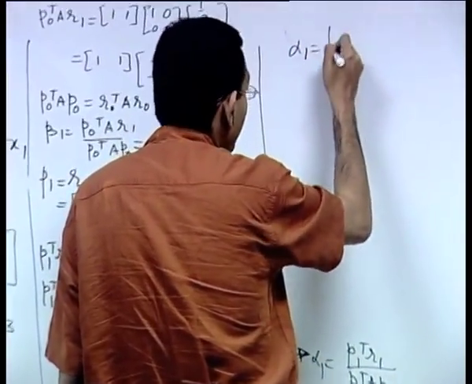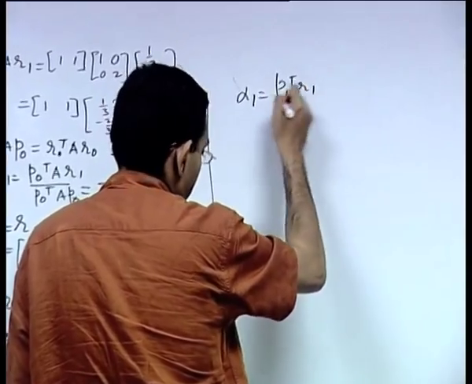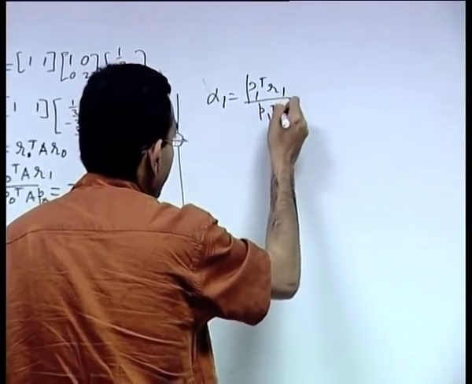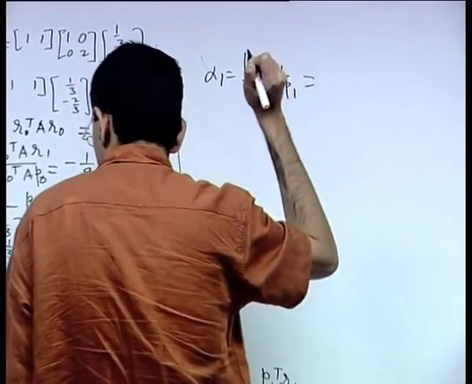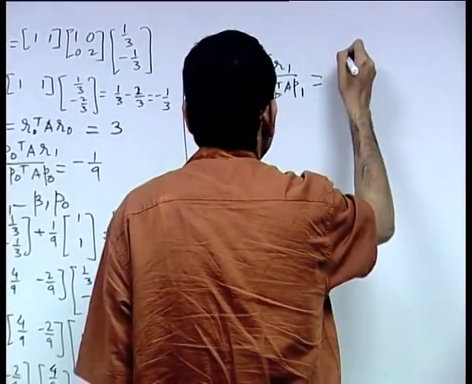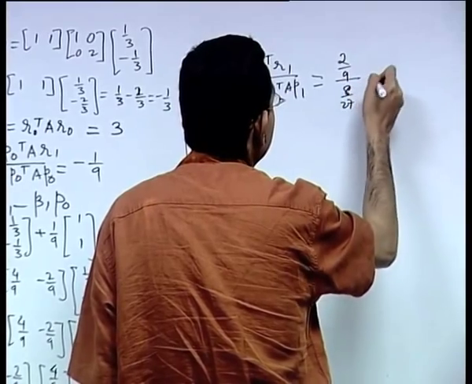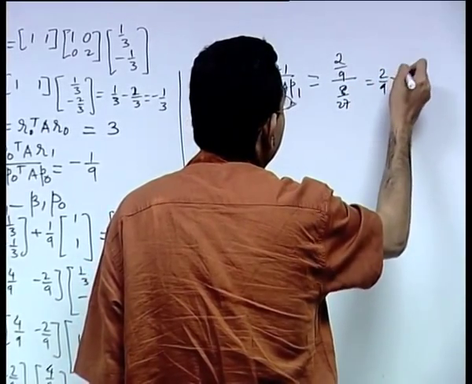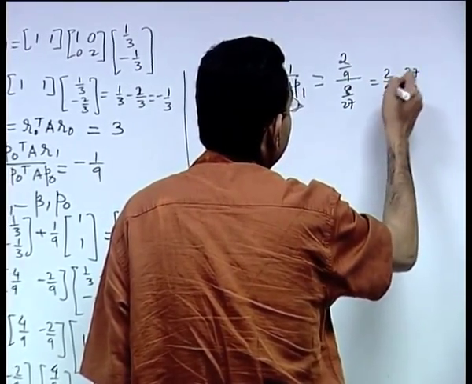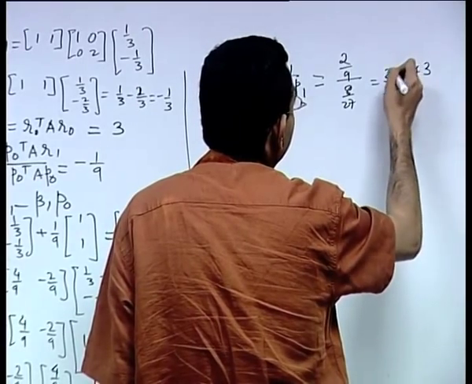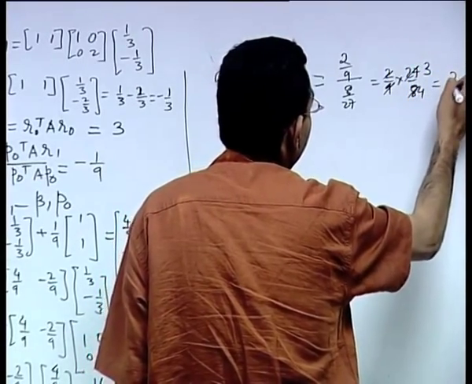Alpha 1 is P1 transpose R1 by P1 transpose AP1. So 2 by 9 by 8 by 27. So 2 by 9 into 27 by 8, that is equal to 3 by 4.